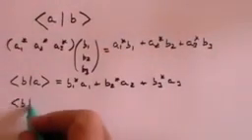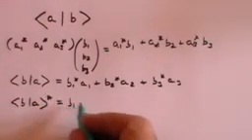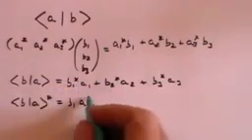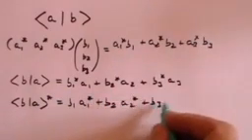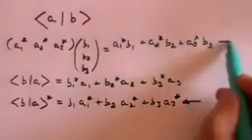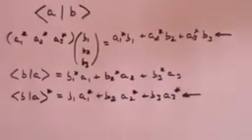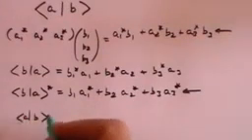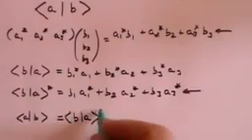If I now take BA and I complex conjugate it, I will get B1, because the complex conjugate of a complex conjugate gets you back to where you started, times A1 star, plus B2 times A2 star, plus B3 times A3 star. But that is the same as AB, because the order of the numbers doesn't matter. And so we've just shown that AB is equal to BA complex conjugated.